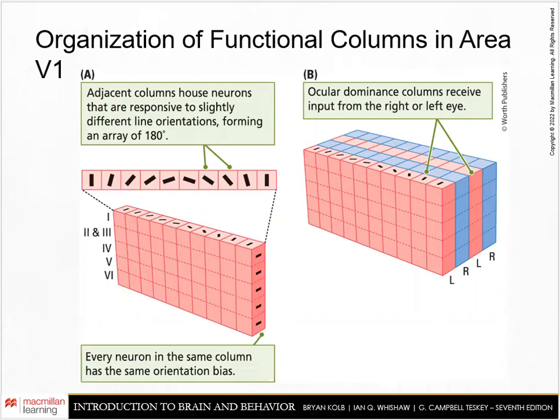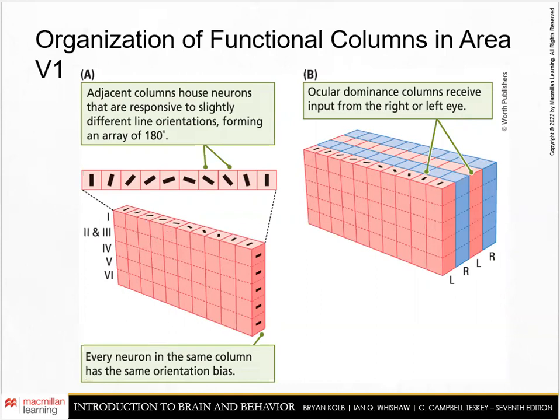So neurons within the same column respond to lines oriented in the same direction. Each of those columns, right? All the same direction. Whereas adjacent columns house cells that are responsive to slightly different line orientations.